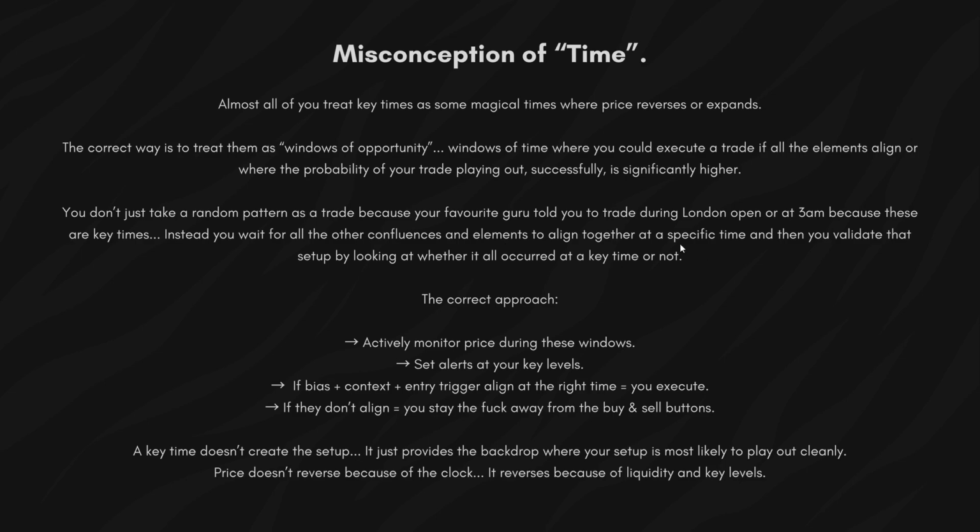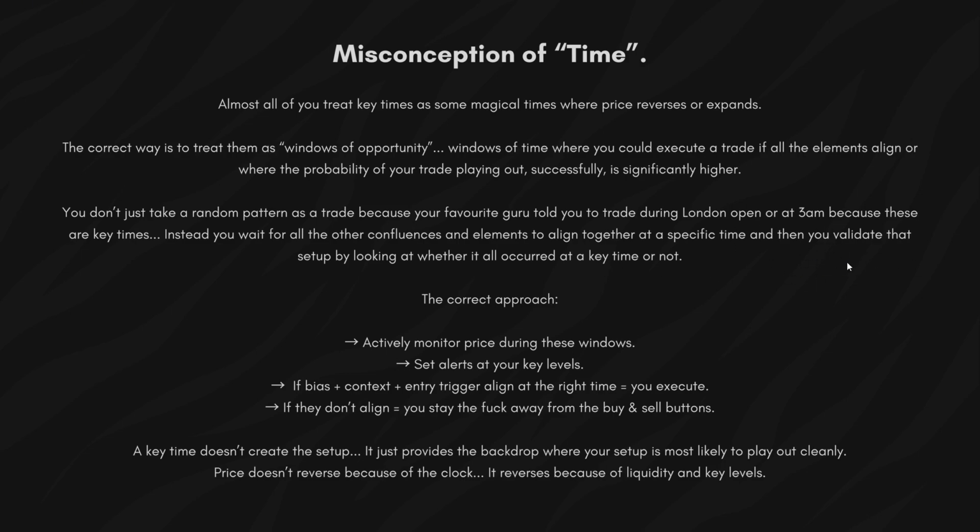So you can see that the time aspect here is only the last validating confluence, which validates the setup by looking at whether it formed at a key time or not. It's only the last validating pretext. It's not the actual reason which begins the idea.